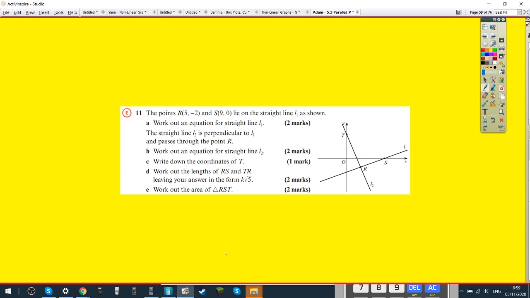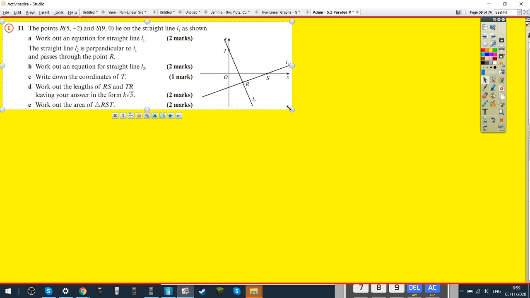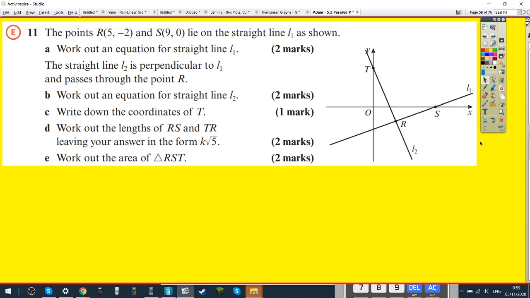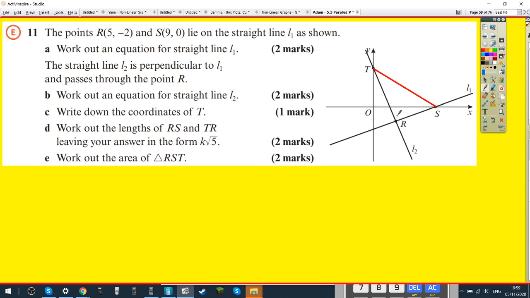Let me just see. Work out the area of the triangle RST. These are perpendicular. That's not too bad. How would you do that?